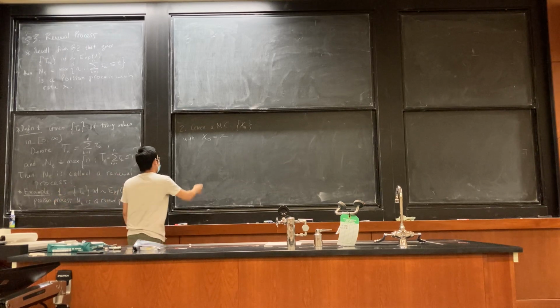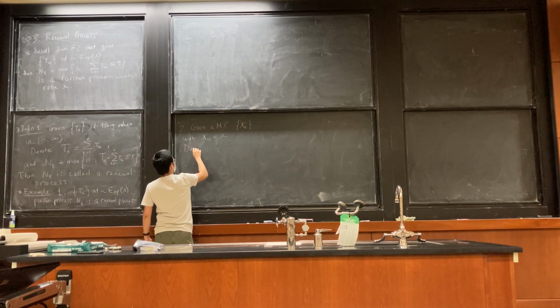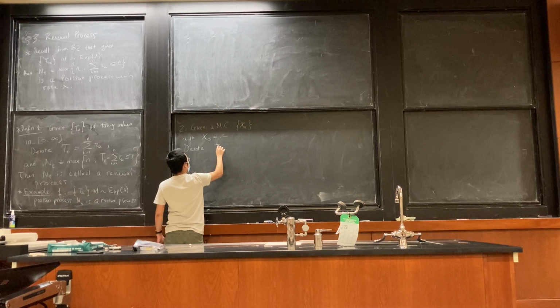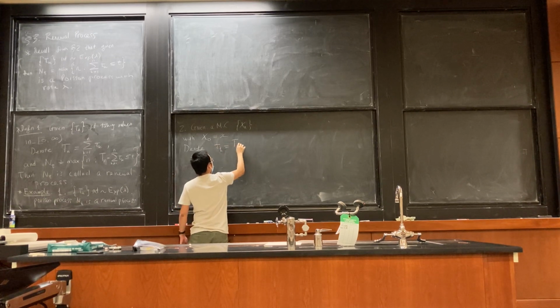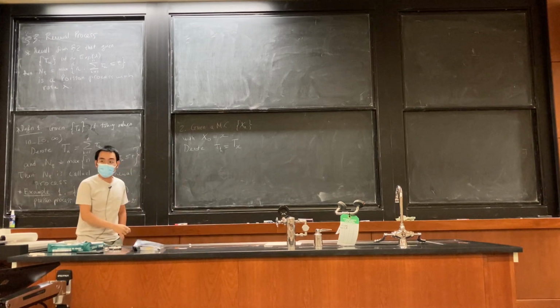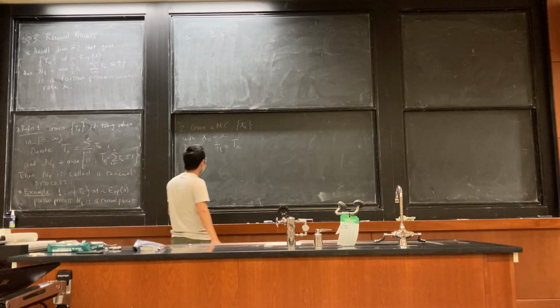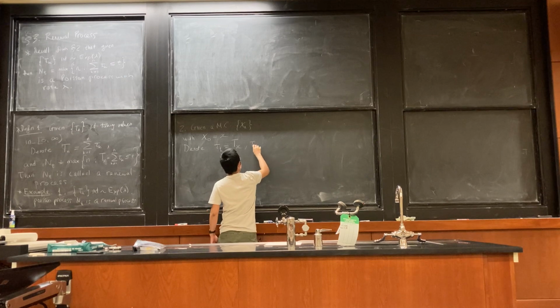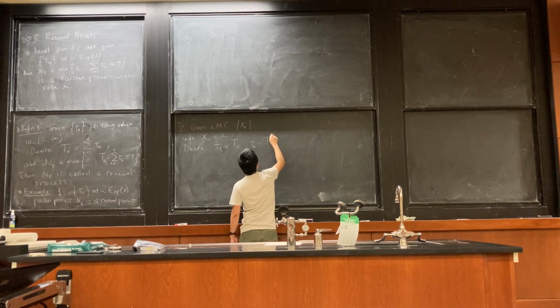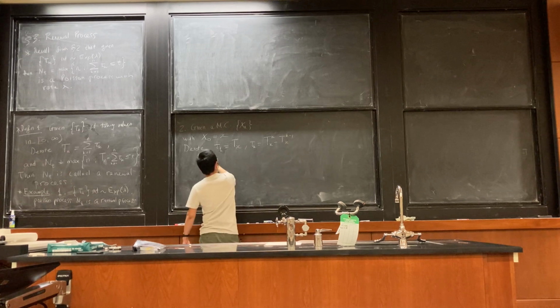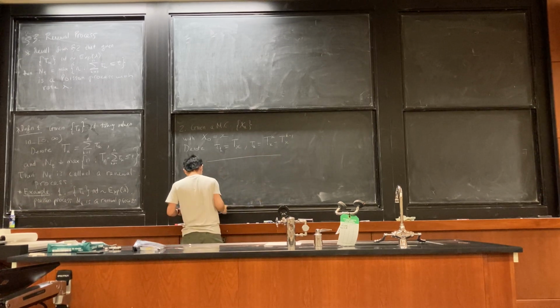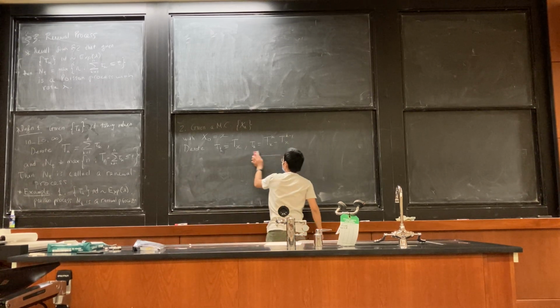Denote tau 1 to be the first time returning to little x, and tau k is the waiting time, so this will be T_k minus T_{k-1}.